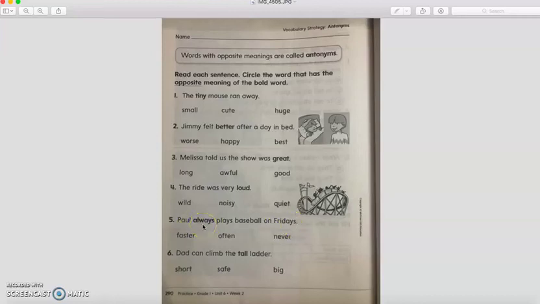Always. What's the opposite of the word always? Never. He never played baseball. Number 6. Dad can climb the tall ladder. What's the opposite word of tall? We have short, safe, big. Short. Excellent. Good job.